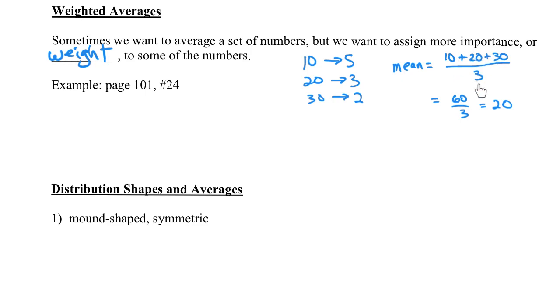You add them up, divide by 3, and you get 20. But if we assign more importance to this 10, as opposed to these which have less importance, because this has a weight of 5, this only has 3 and this has 2, then this would tend to make the result smaller, more like the 10. Okay, so that's basically what we would expect.